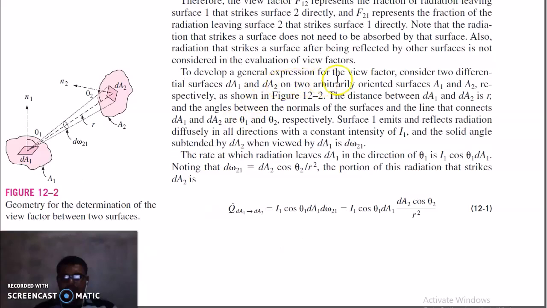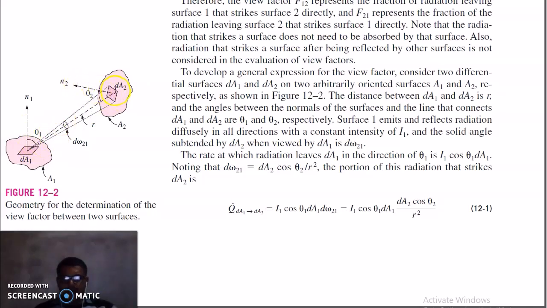To develop a general expression for the view factor, consider two differential surfaces dA1 and dA2 on two arbitrary surfaces with areas A1 and A2. The distance between dA1 and dA2 is r, and the angles between the normals of the surfaces and the line joining dA1 and dA2 are theta 1 and theta 2.